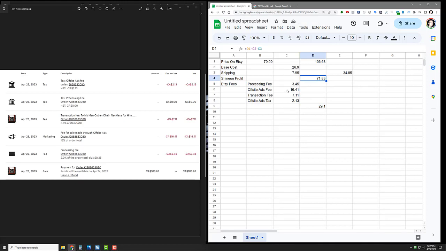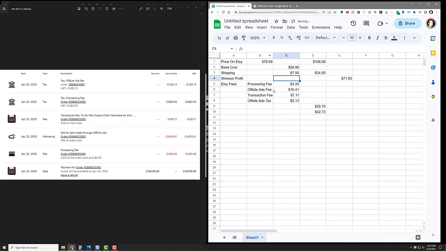Now I've got my processing fee, my offsite ads fee, my transaction fee, my offsite ads tax, which is $29.10. So I take that minus that, that minus that, which will give me the total. So I'm at $42.73, which, you know what, that's not too bad.